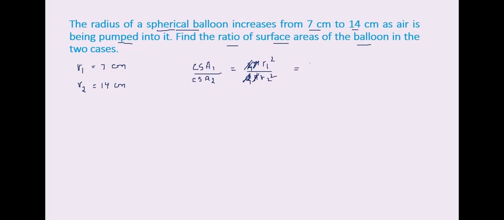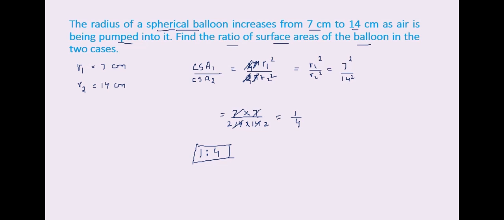So the ratio is just R1 square upon R2 square. So 7 square upon 14 square is 7 into 7 upon 14 into 14. 7 ones are 7, 2s are, so we get 1 upon 4. So the ratio of the surface area is 1 is to 4.